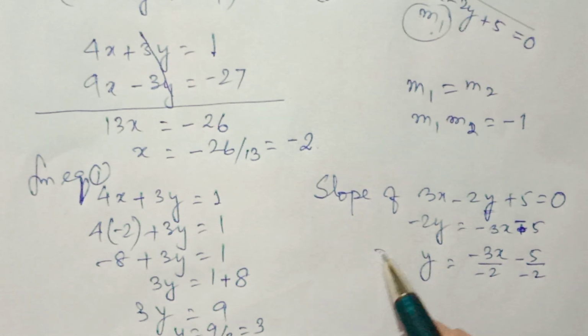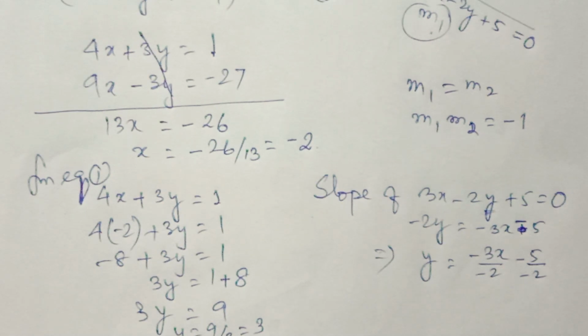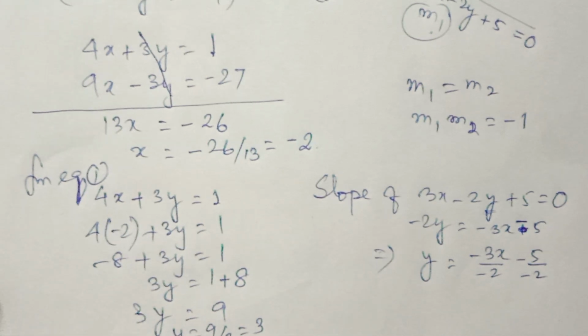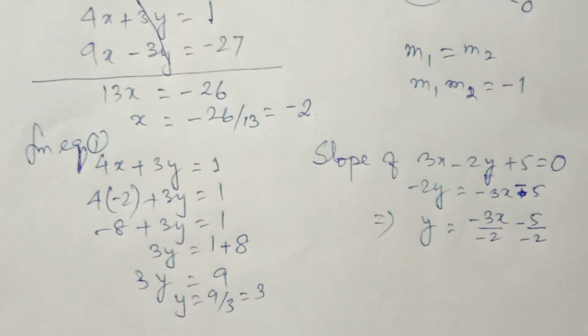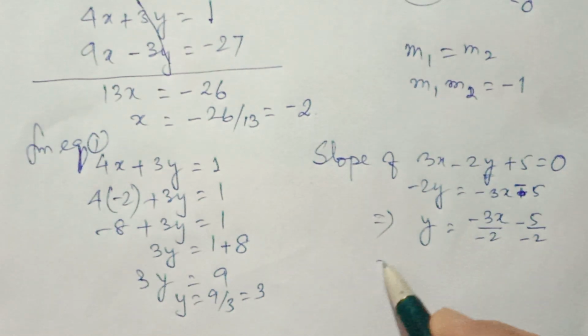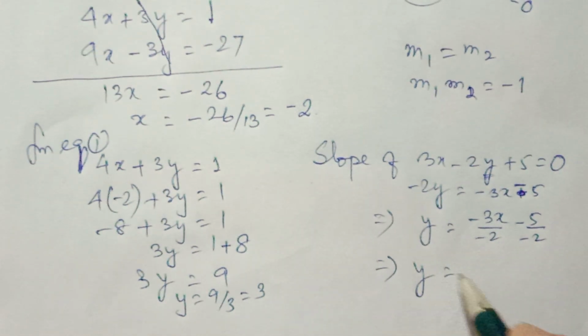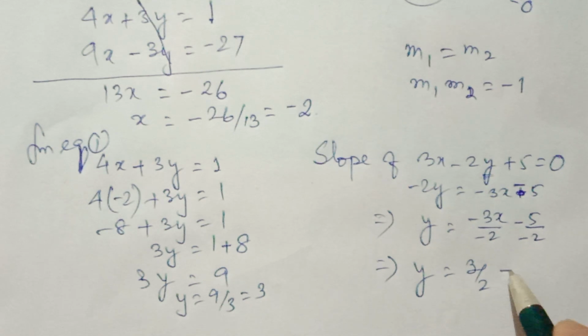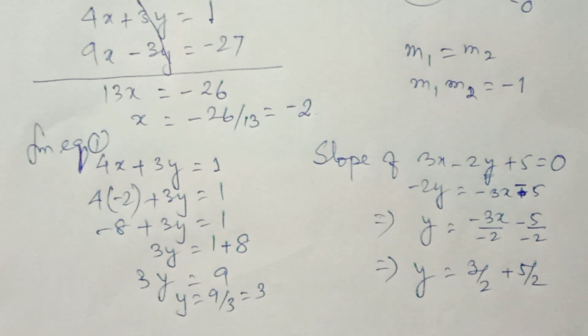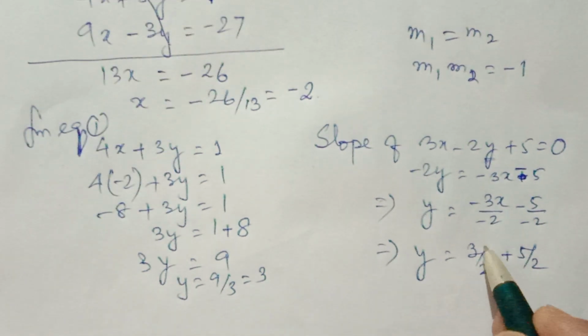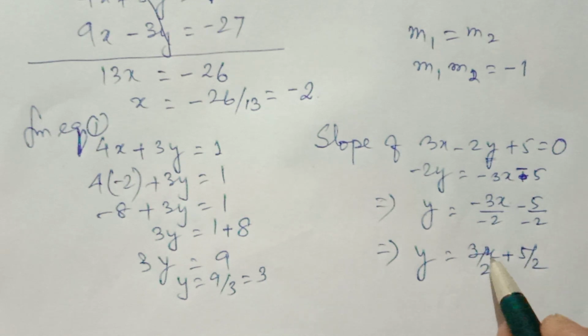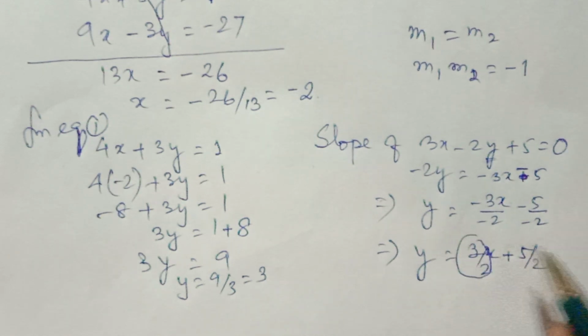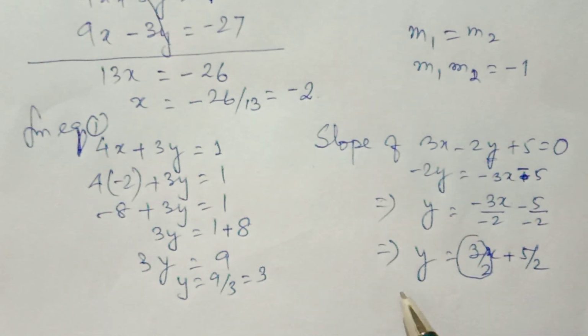So remember, whenever the equation of a line is given, how to find the slope? By isolating y. Then what we are getting? y equals 3 by 2 x plus 5 by 2. Whatever is the coefficient of x, that will be the slope.